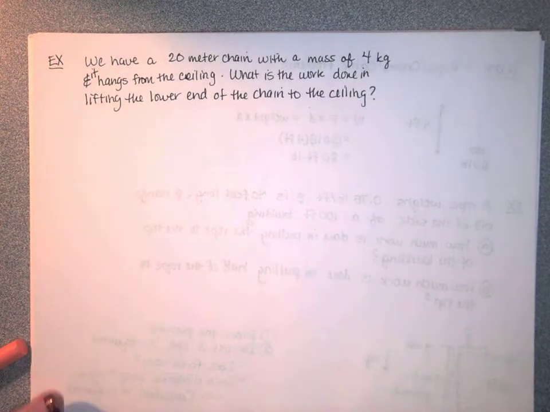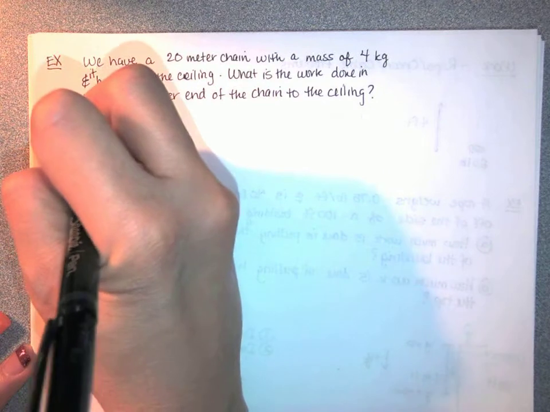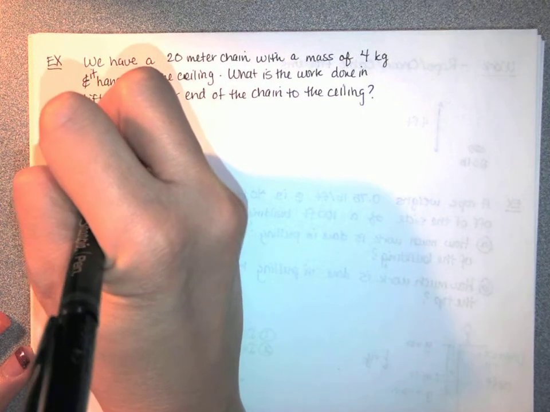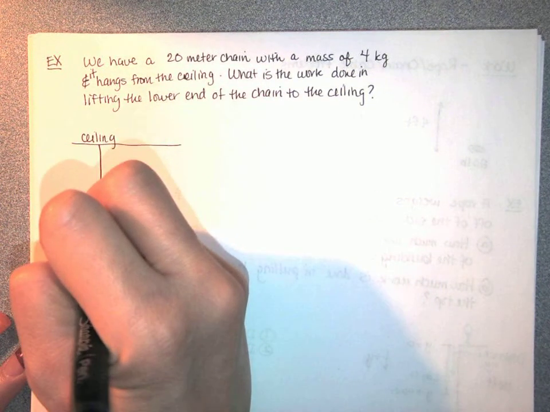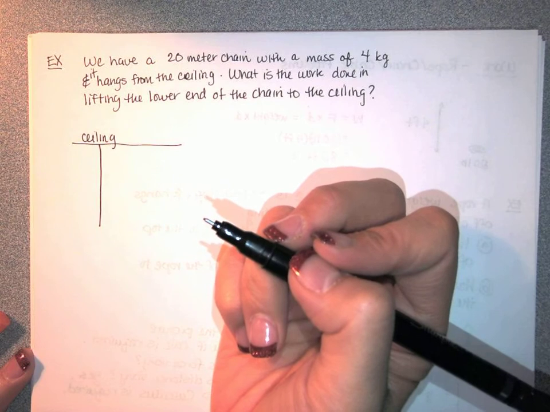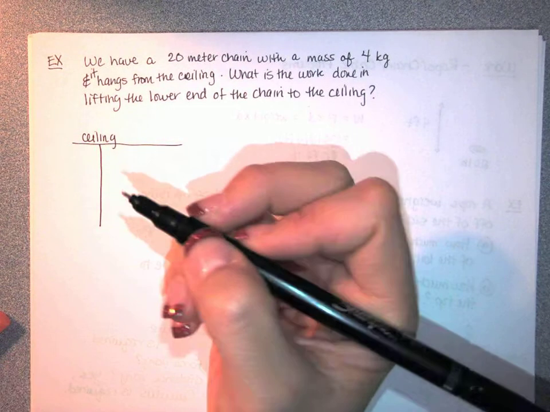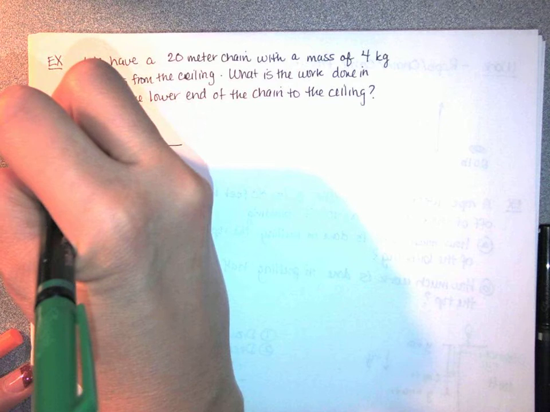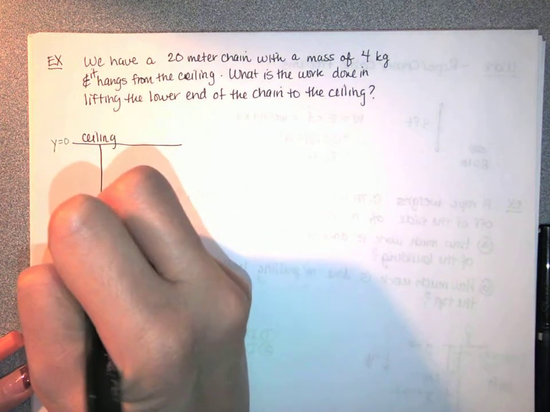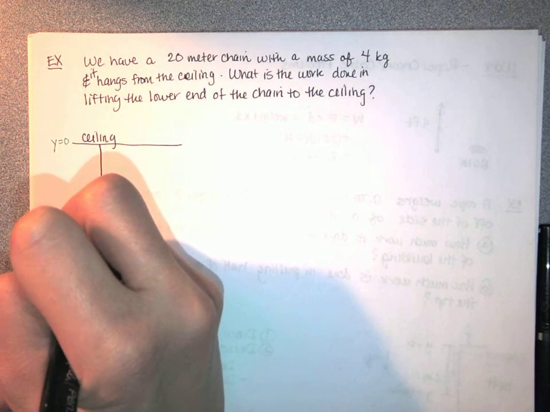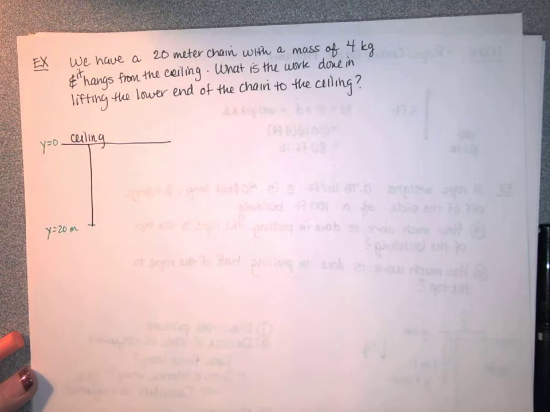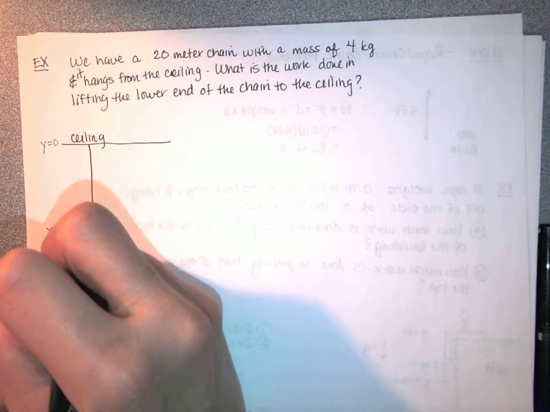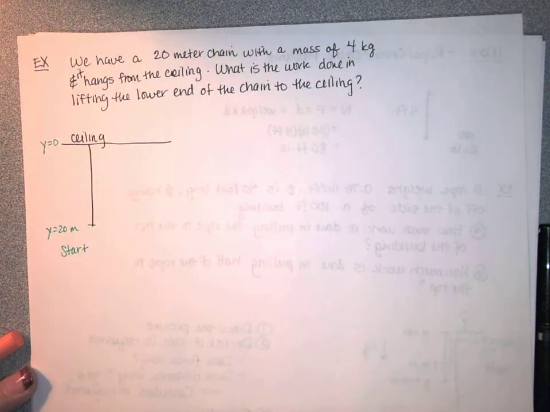Okay, so here's our ceiling. That's our chain, and it's 20 meters long. Now I'm going to choose y equals 0 to be at the ceiling again. So initially, this is at y equals 20 meters. This is what it looks like before we start.